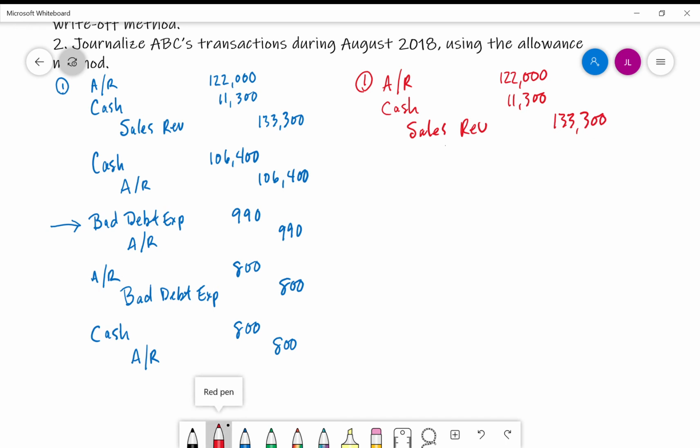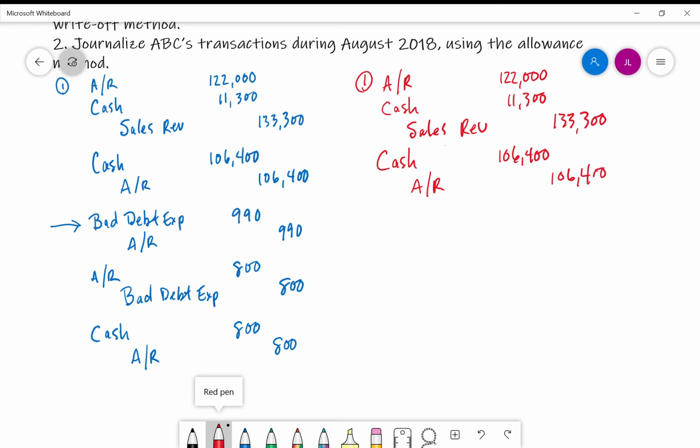And next we received cash on account. This won't be any different. We'll have cash for $106,400, and again accounts receivable for $106,400.